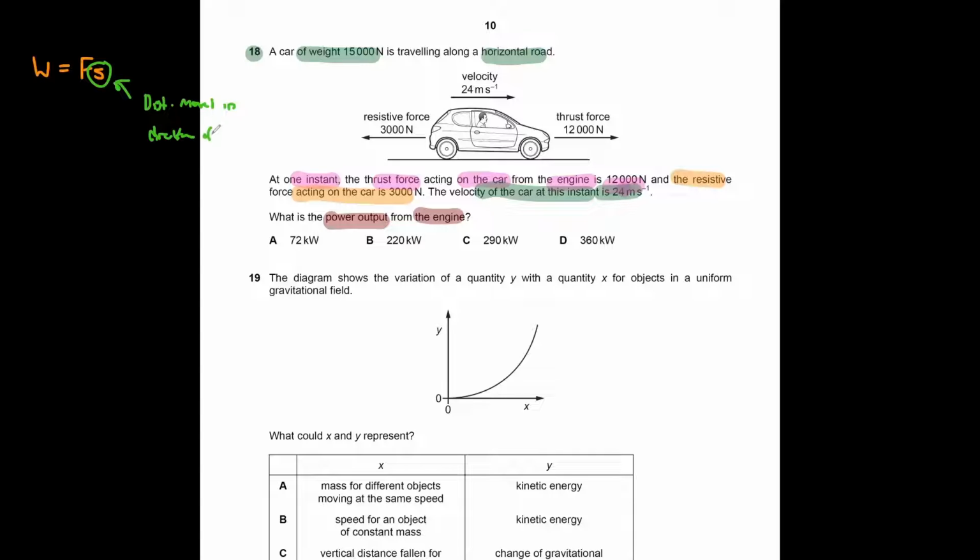The distance must be distance moved in the direction of the force. The force must be applied force, not resultant force. Okay, don't ever use resultant force when finding work done.